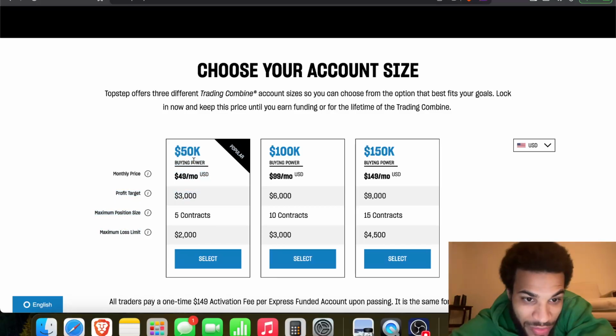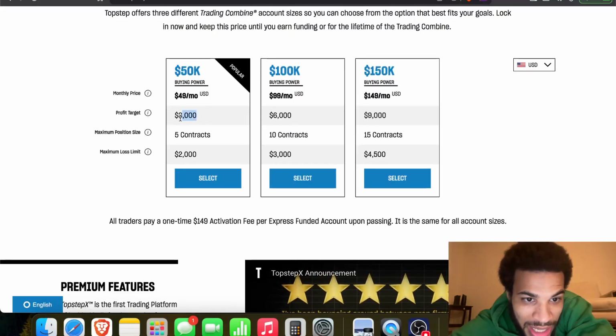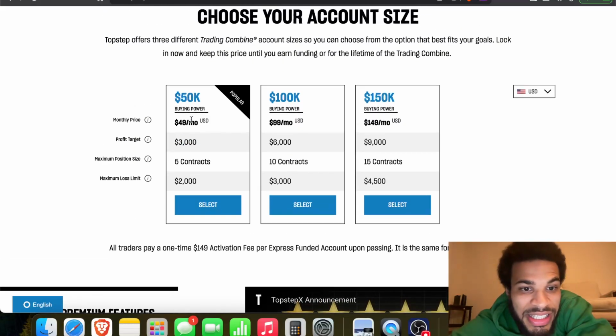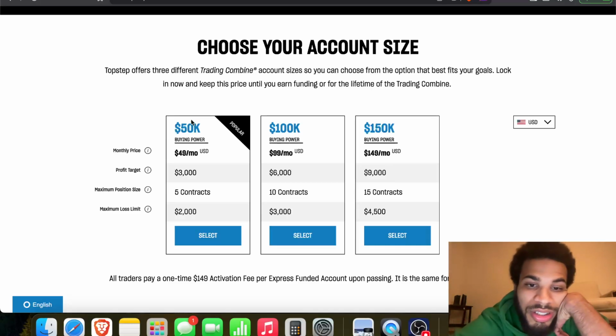Okay, so you get a $50,000 account. Your goal is to make $3,000 in profit, but there are rules that you have to follow in order to make this $3,000, because they're looking to see, are you a consistent trader? They're going to expect you to be consistent.